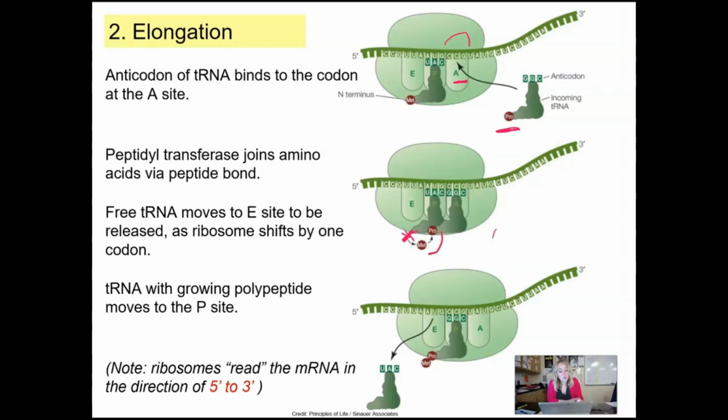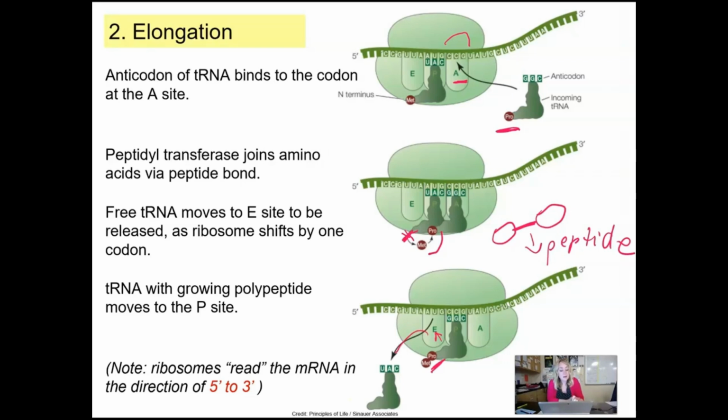Remember, it's almost like we're linking beads on a string, and the way we hold them together is by forming a peptide bond. So this is where that reaction happens, at the P site of the large ribosomal subunit. And then once we have the dipeptide formed, notice the empty tRNA will now go into the exit site and eventually leave the ribosomal subunit.